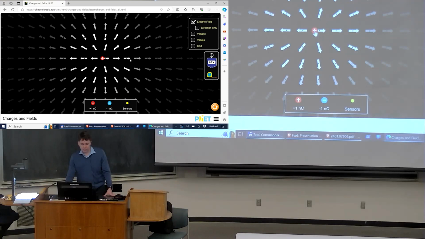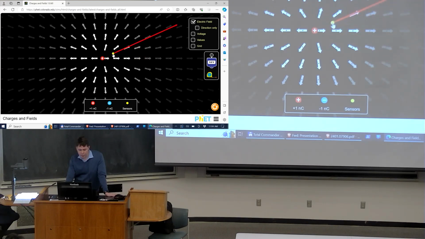So that's the electric field of a positive charge. And there's this thing called sensor here. That's a test charge. You can think about it as a test charge. There's a force acting on it.